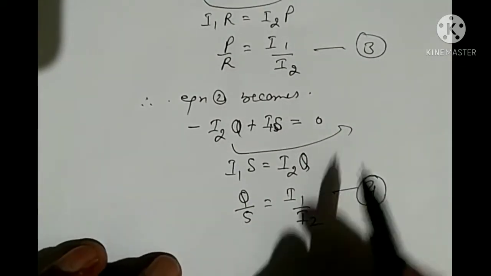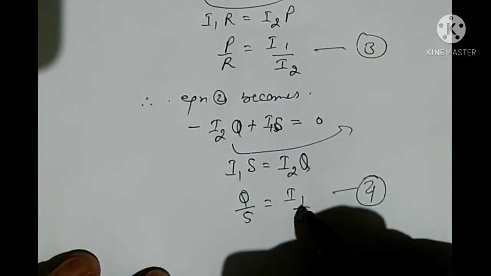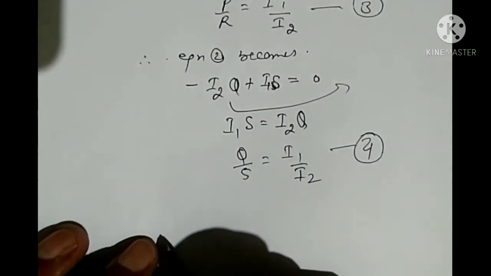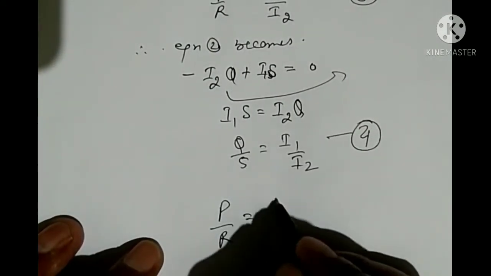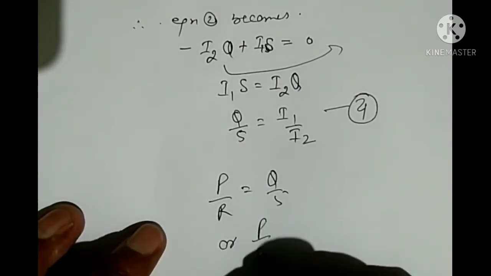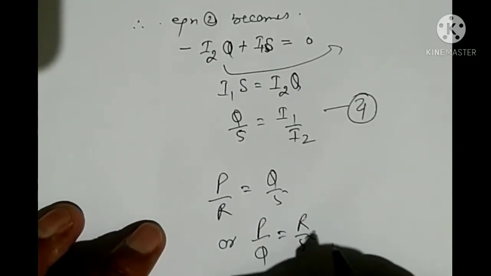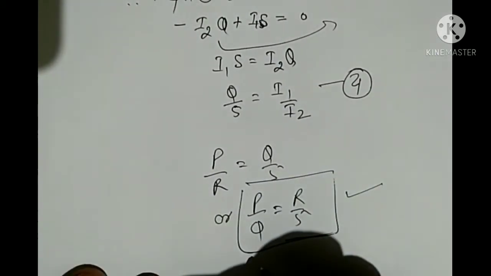Now from equations 3 and 4, the right-hand sides are equal, so the left-hand sides are also equal. P over R is equal to Q over S, or we can write P over Q is equal to R over S. This is the Wheatstone bridge equation.